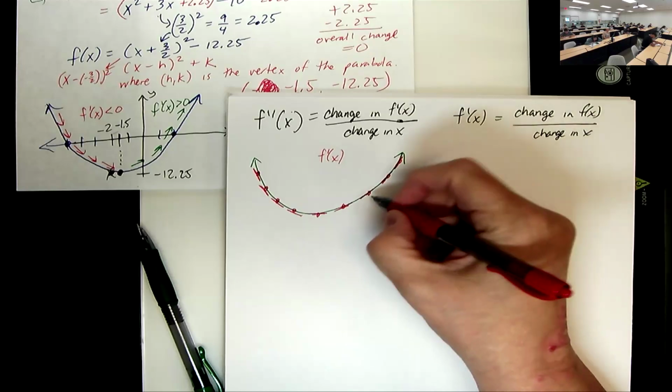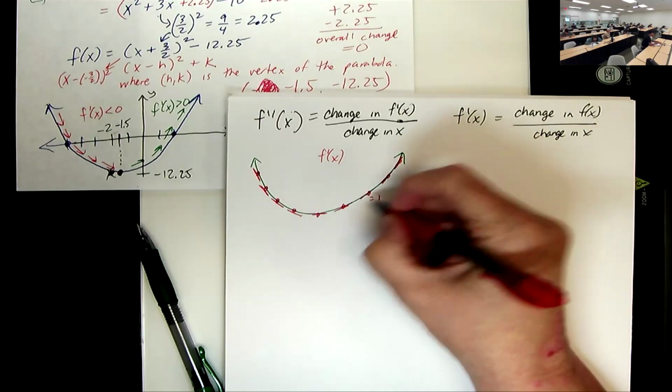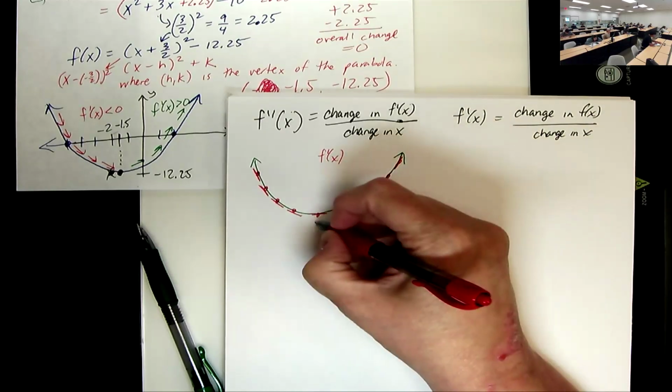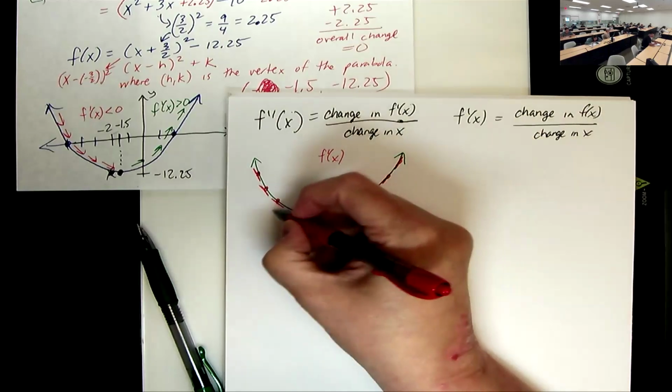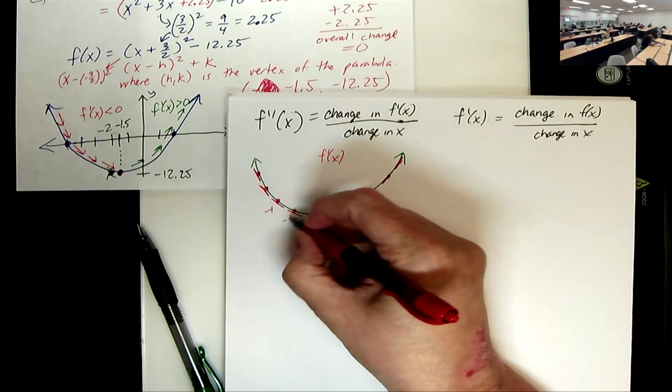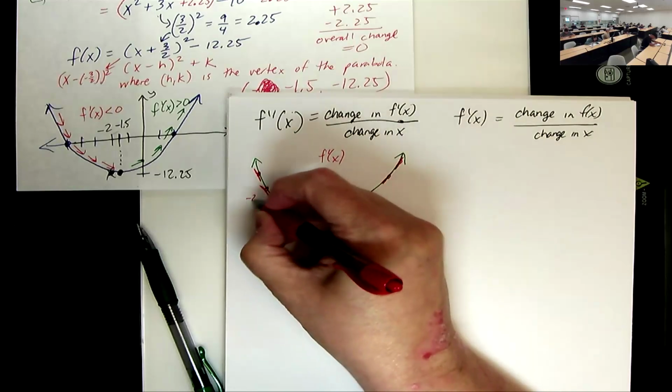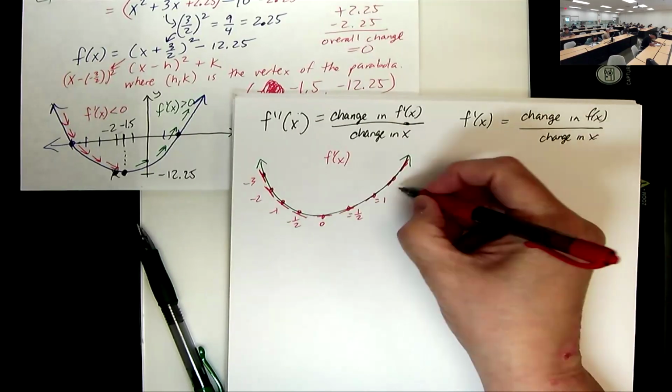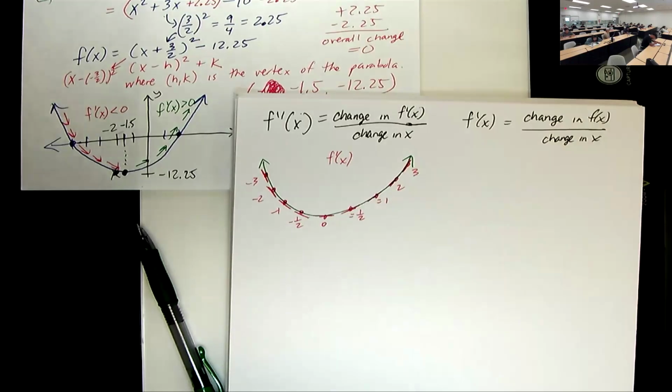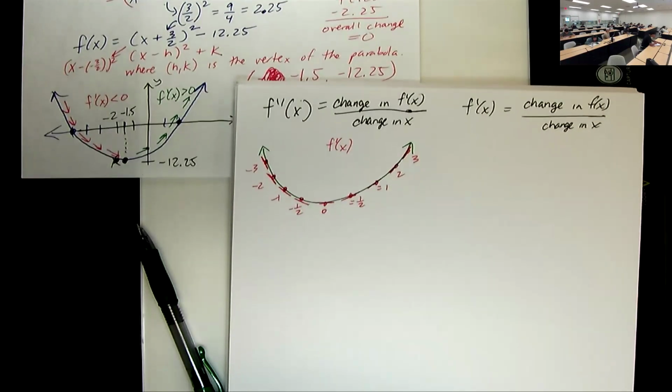This looks like it might be equal to 1 there, maybe 1/2 here. This is 0. That looks like -1, maybe -1/2 there. -2, -3. 2 and 3. So the red values are what the derivative is, I'm guessing what the value is. I don't have an equation, so I'm looking at what the slope kind of looks like.